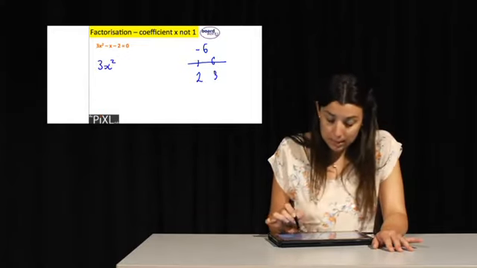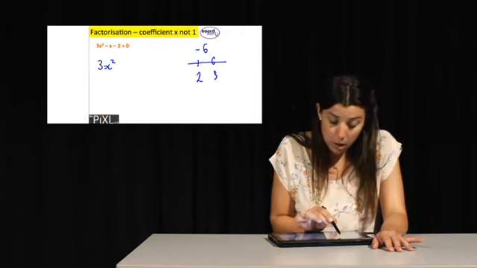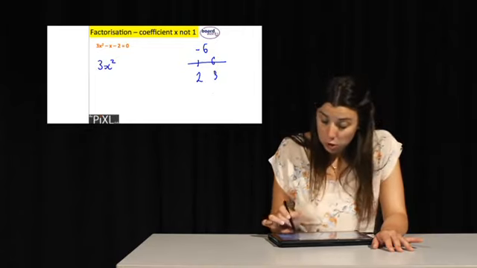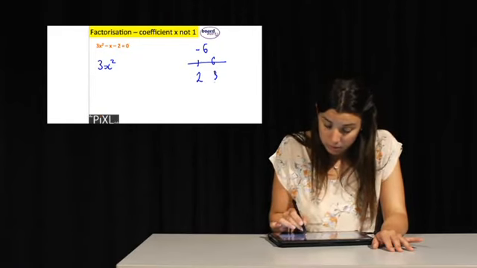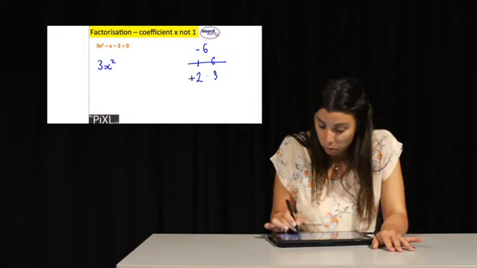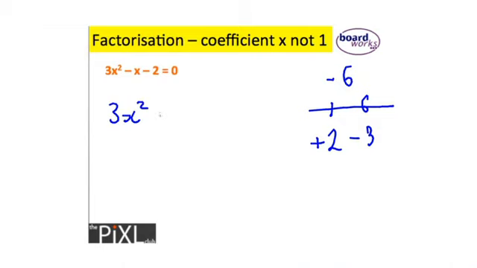We're then going to be replacing our middle term here, minus x, with our two new terms that we've created here. We need minus 1, so this one will be positive, and this one will be negative. So we have plus 2x, take away 3x, take away 2 equals 0.